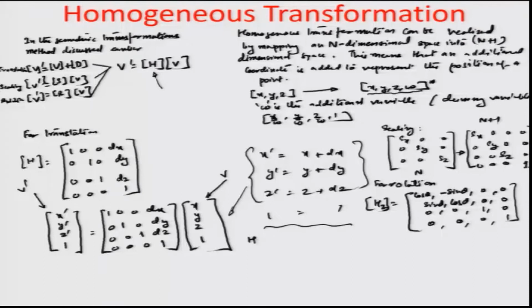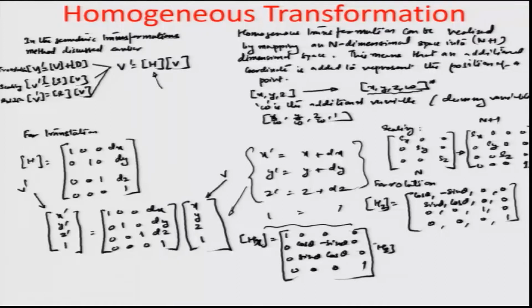Rotation around x is again represented through an n plus 1 dimensional matrix, that is a 4 by 4 matrix. In this particular case, because it is x, it will be 1 0 0 0, 0 cos of theta minus sin of theta 0, 0 sin of theta cos of theta 0, and 0 0 0 1.